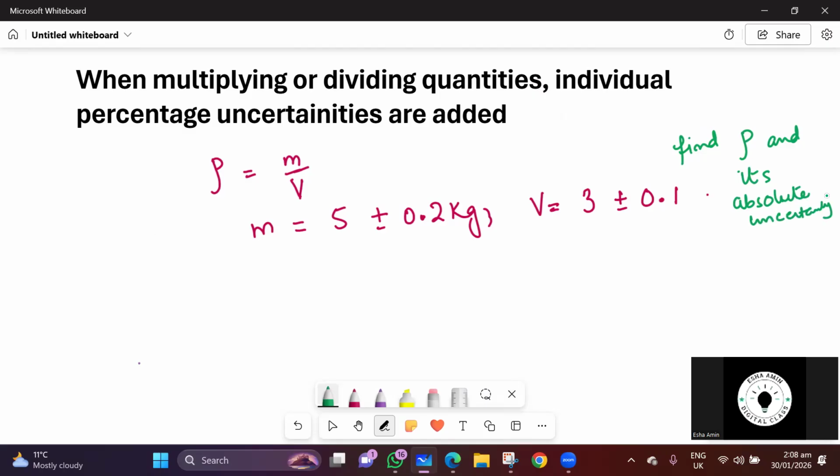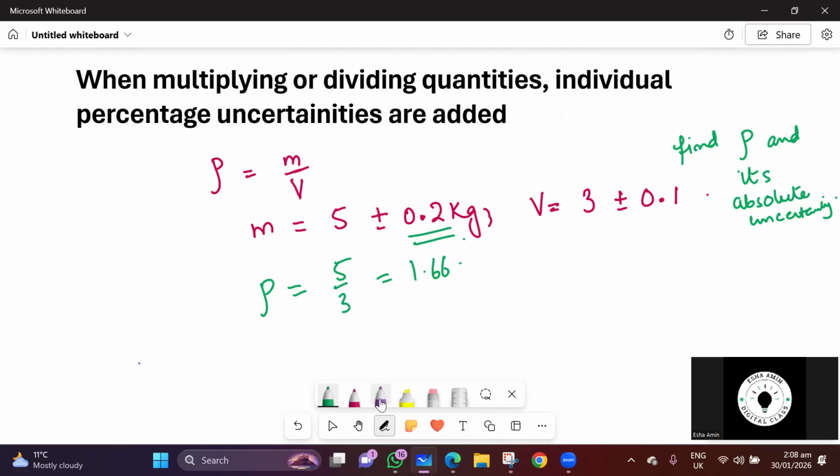How will we do it? First we will find the value of the density. The value of the density is mass over volume, so that will be 5 over 3, which is 1.66. This is the value of the density, but we have to find its absolute uncertainty as well. As they are dividing, we need to know the percentage uncertainties.